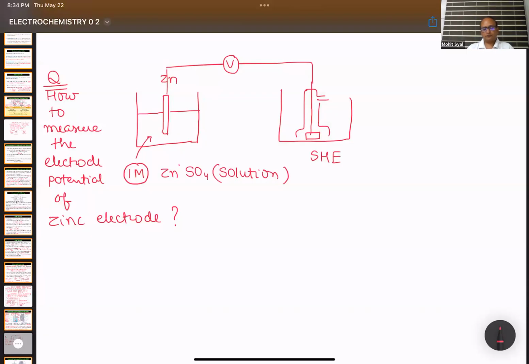Okay. So this standard hydrogen electrode, E0 cell, you can see the reading from here.